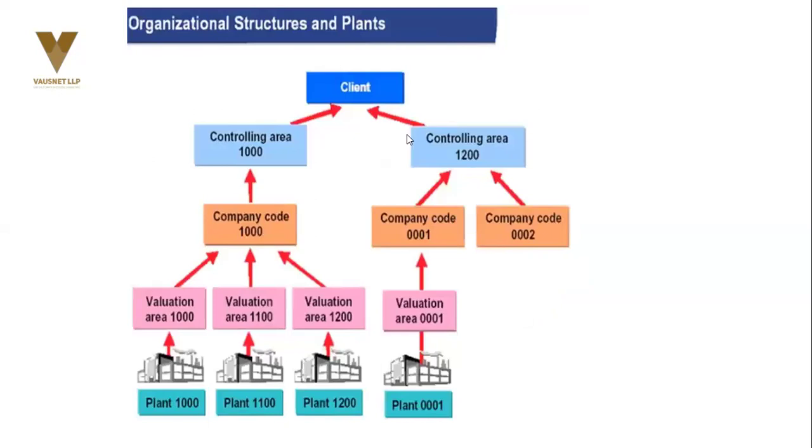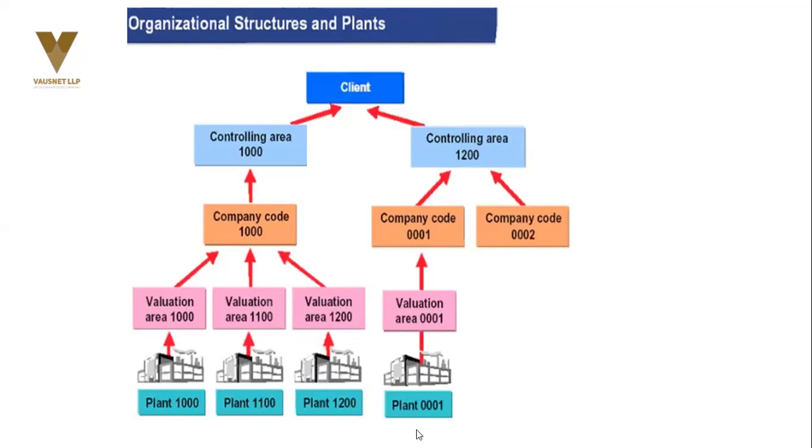Hierarchies are maintained where the client is at the top level, which is the server. Controlling area is the part which maintains and takes care of product costing, profit center accounting, cost center accounting, and of course, material as well. Material valuation is also part of the controlling area. Under it falls company code, which is the operational unit, and the company code runs and supervises the plants.